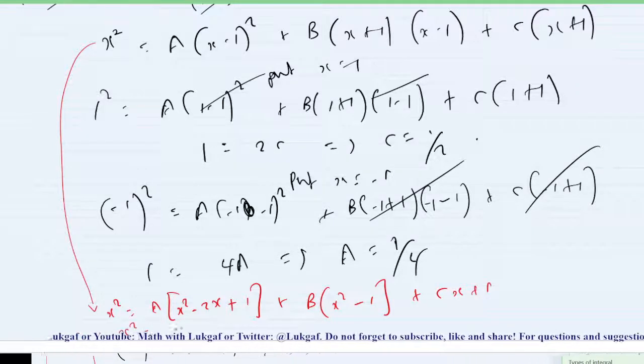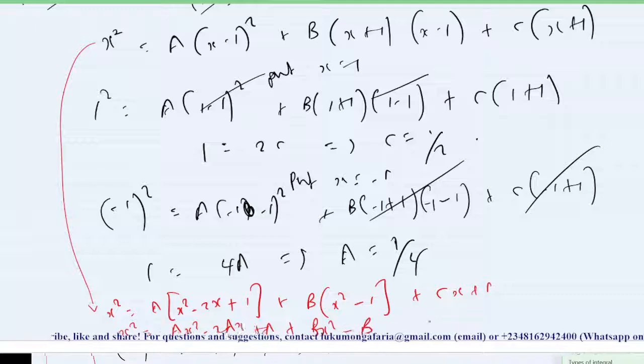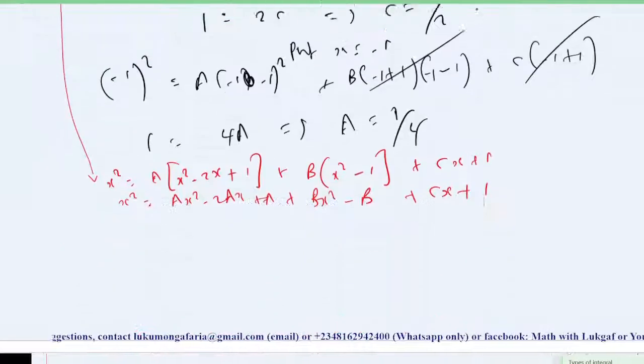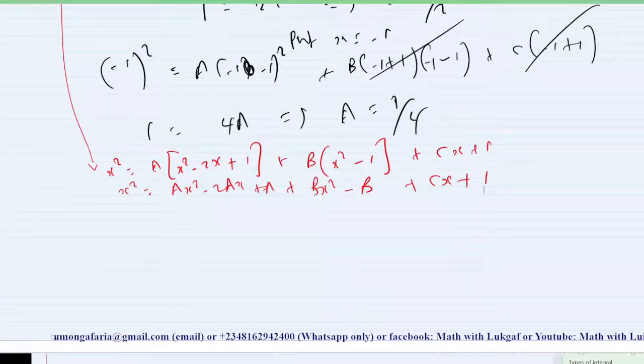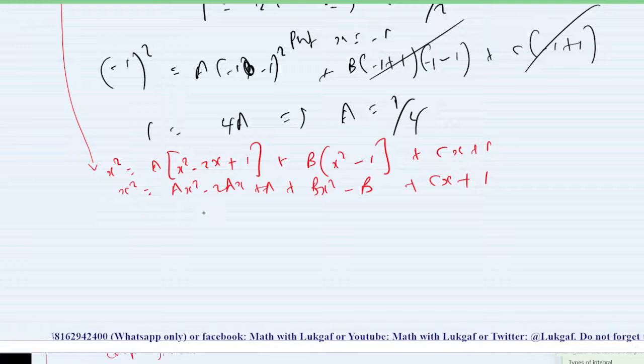If you like, you can expand further. This will give me As squared minus 2As plus A plus Bs squared minus B plus Cs plus C. You understand now? So we can compare the coefficients.